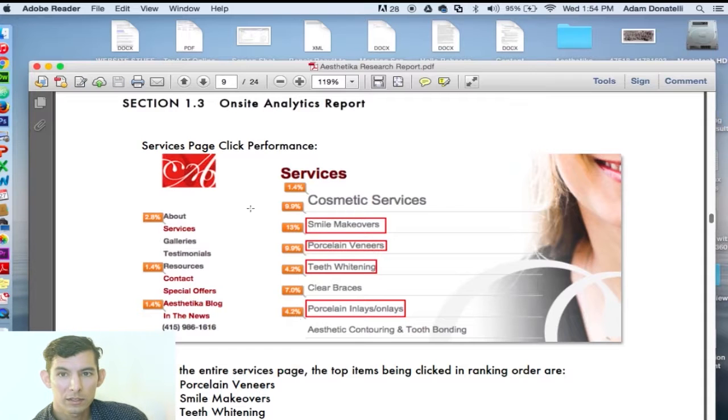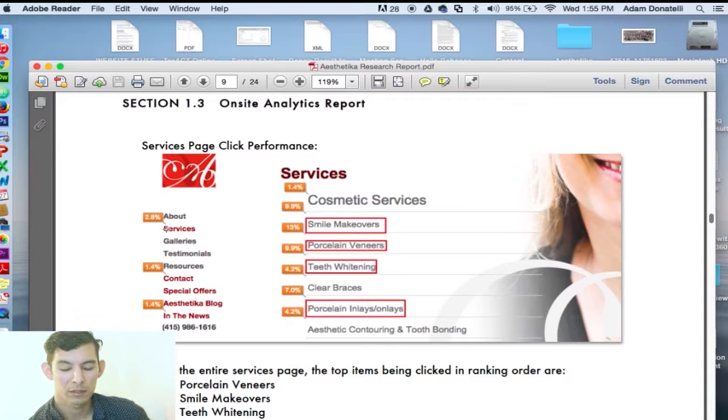Okay, this data is starting to align with what we saw in the consumer research that we just did, right? Now, also, where do you see implants? We don't see implants on the homepage.